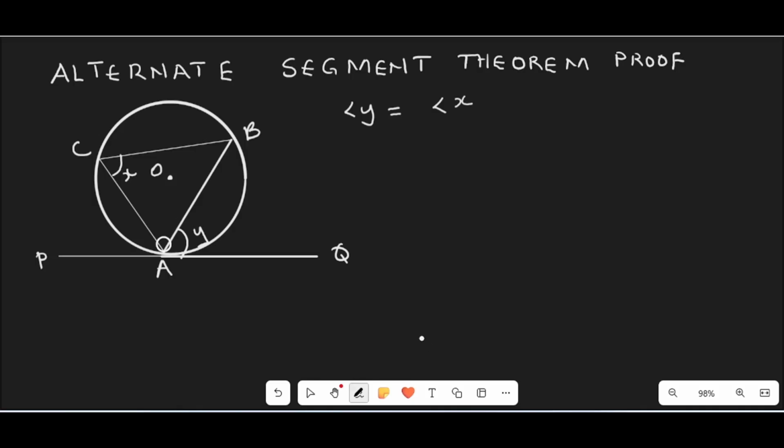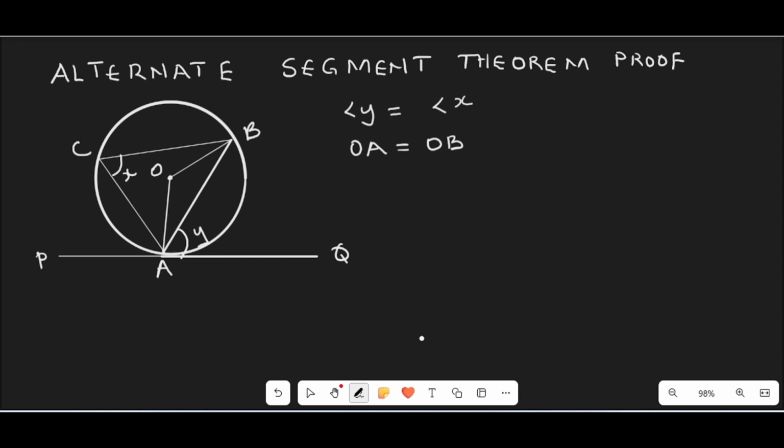Let us join our AO and our BO. Our OA and OB are equal because they are radii of a circle. OA equal to OB.